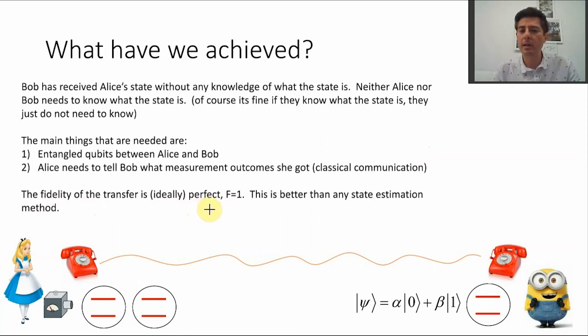This is actually better than any state estimation method, as in, better than any method where you try to measure the state and then just tell Bob what it is. This is superior to any method like that.